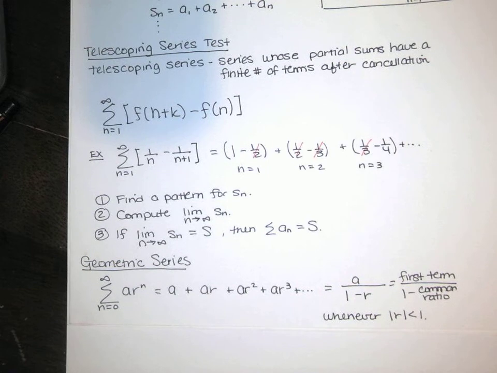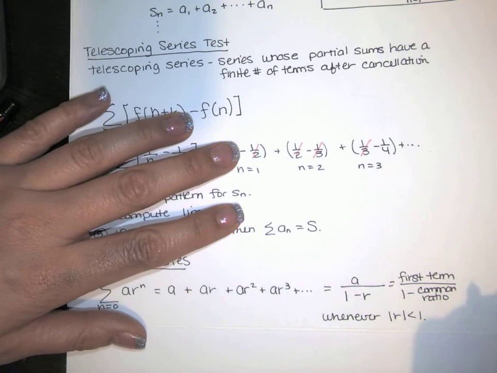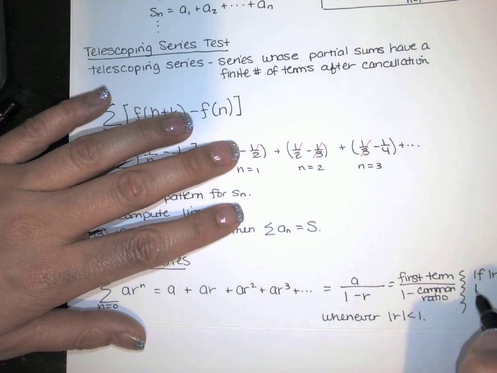Otherwise, a geometric series will diverge. So I'll just write that on the side. If the absolute value of r is greater than or equal to 1, the geometric series diverges.